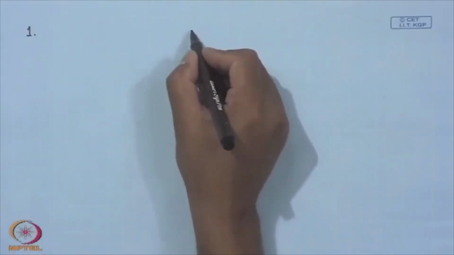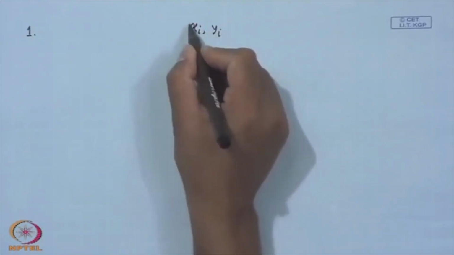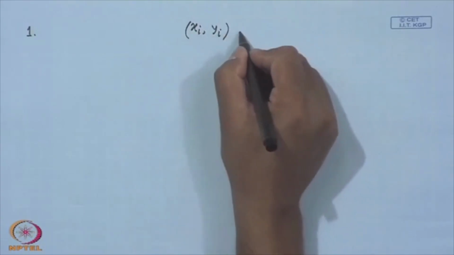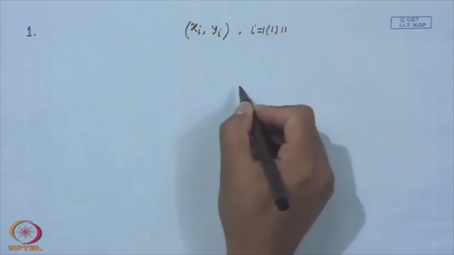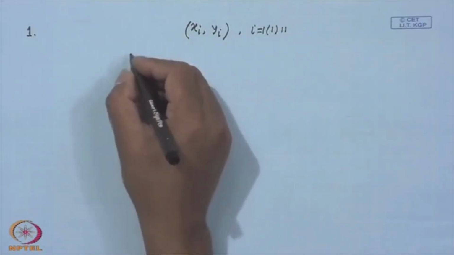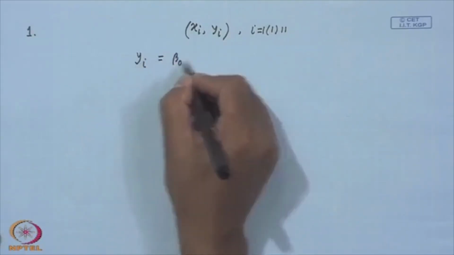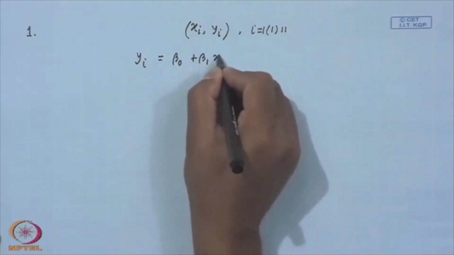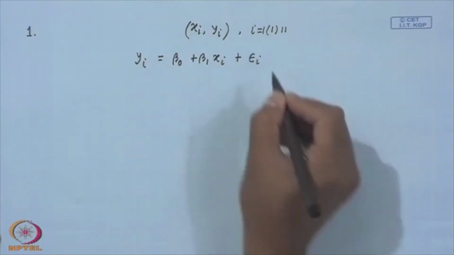So, what we are given is x I and y I for I equal to 1 to 11, and we want to fit a model like y I equal to beta naught plus beta 1 x I plus epsilon I.